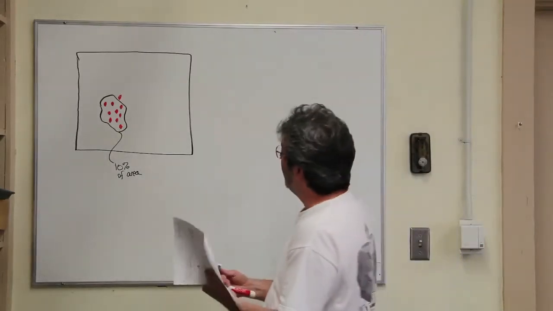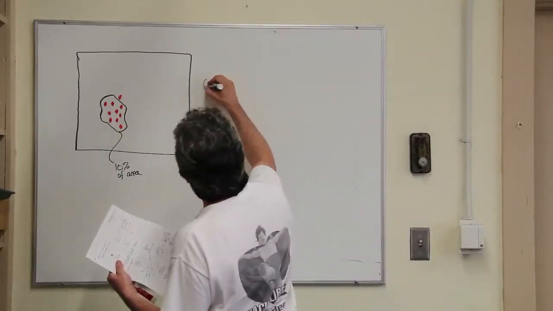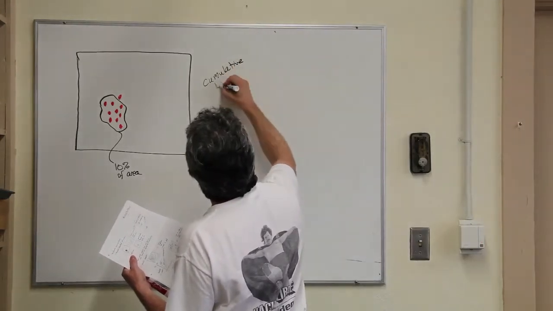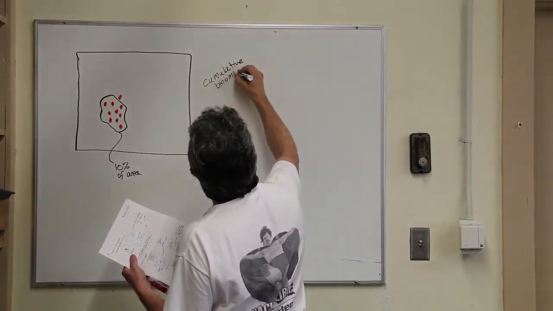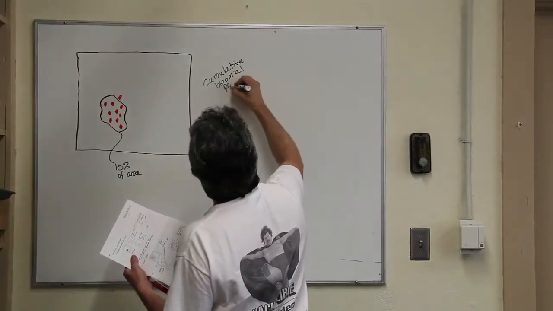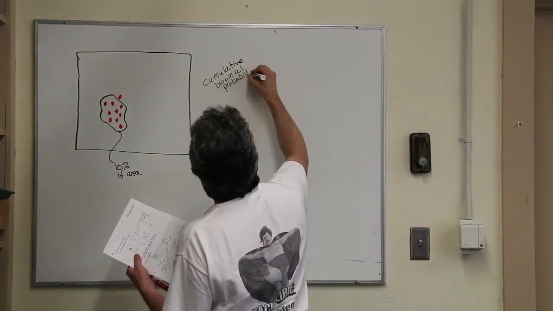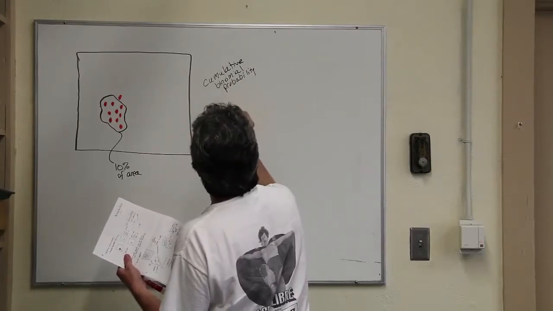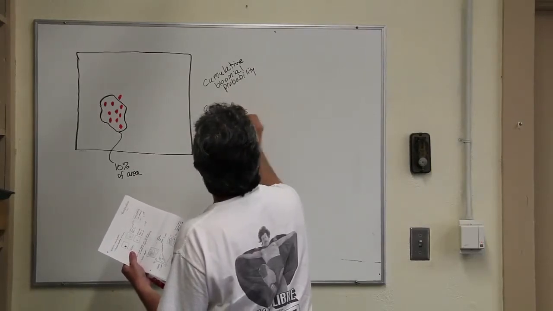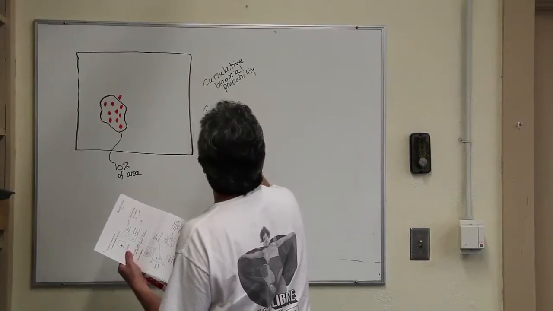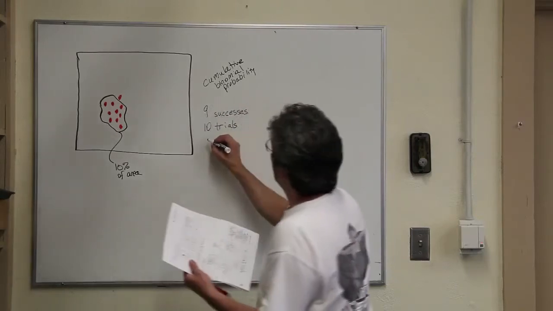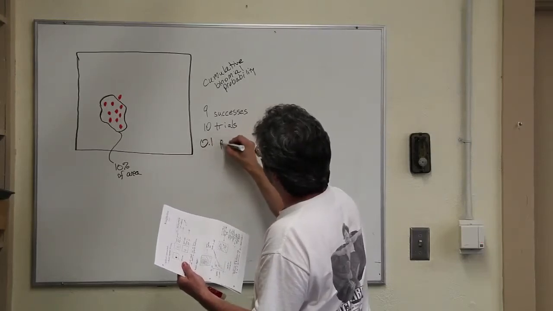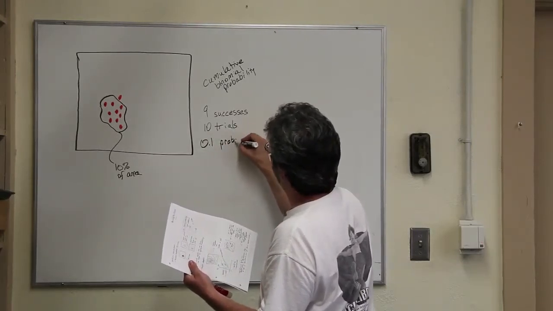And so essentially what we're asking is a cumulative binomial probability that we can get 9 successes out of 10 trials when the underlying probability of a success is 1 in 10.